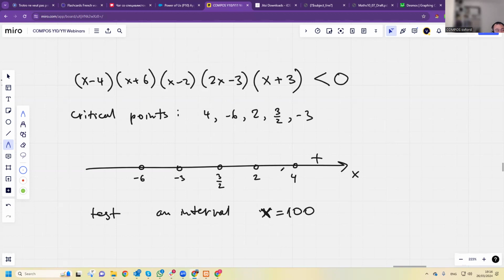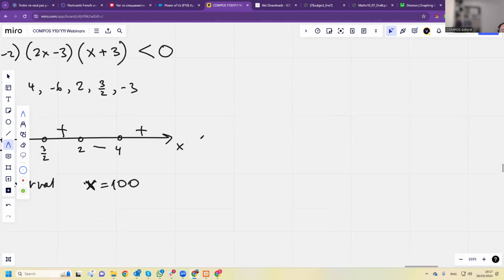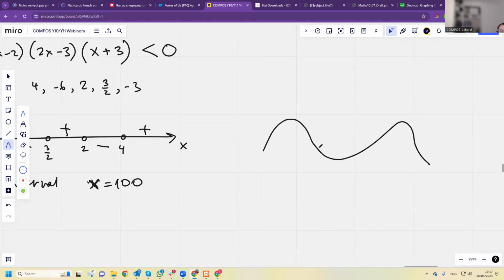Now between 2 and 4, all of them are positive except this one, so that makes the whole expression negative. It can't be positive and negative within the interval, because within an interval it doesn't change. A function can only change sign if it crosses the axis. It either crosses the axis or there's an asymptote.